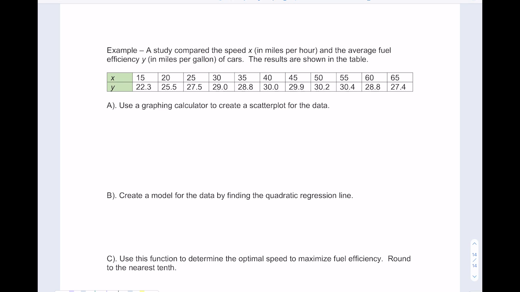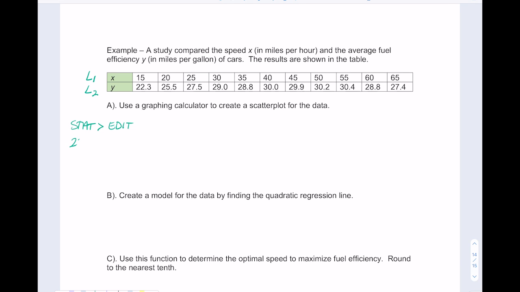So if you were to graph this, what exactly would it look like? In order to graph this, you're going to go on your calculator, find the stat button, go to edit and hit enter. You're going to type in all the x values into L1 and all the y values in L2.